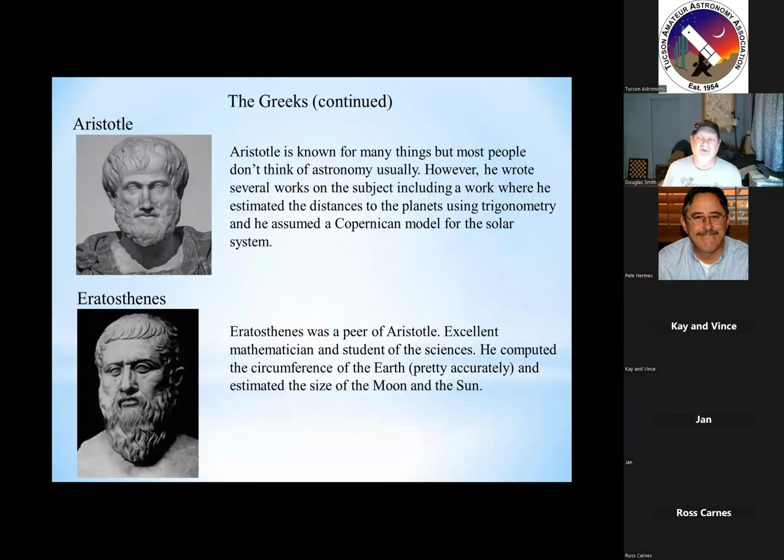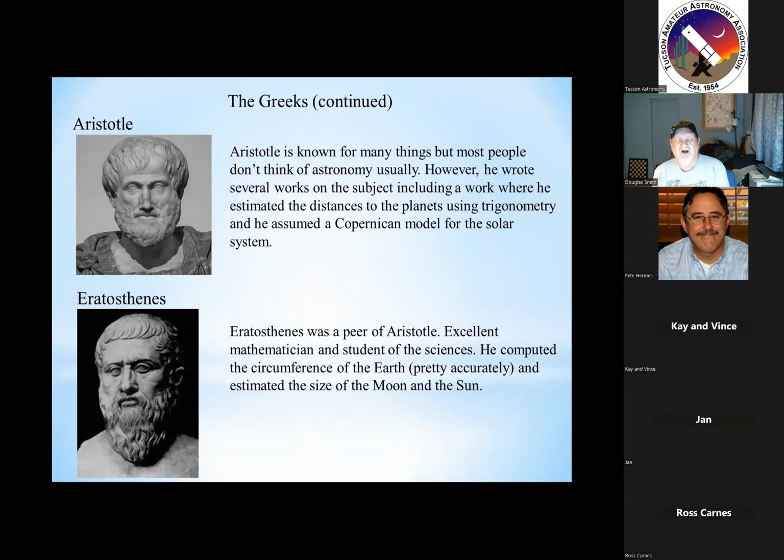But he did some interesting work, and the important thing, the reason he's included in this lecture, is because he came up with estimates for the distances to the planets using something very similar to parallax. And his distances, while not perfect, were within a factor of 2, which, considering, that's not bad.